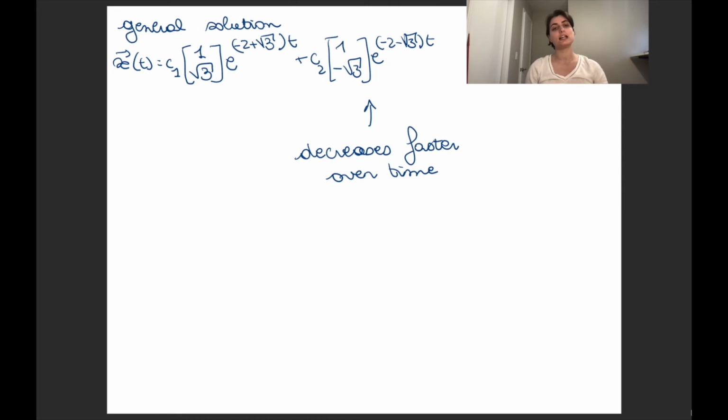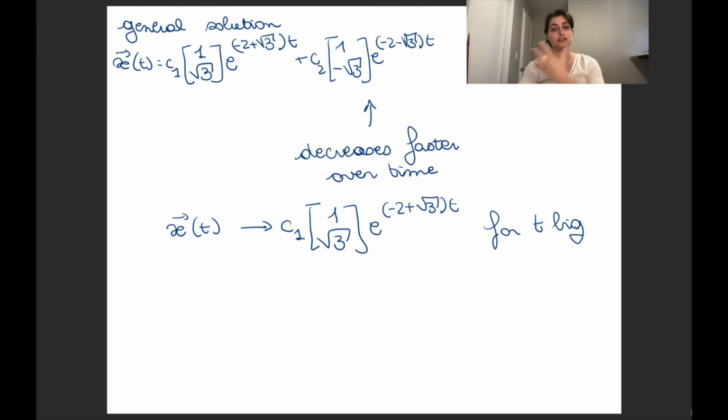As before, it means that when t is small, the first block is more important, because when t is small that whole block is still there, while the other one is going to draw towards the end. So it first starts decreasing in the first direction, and then it starts decreasing in the second direction. So for t big, the first block, I think I mixed up a couple of things.